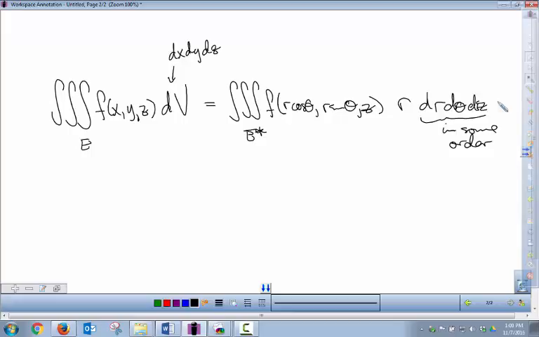There's going to be some cases where something is going to be a function of something else, in which case we'll have to be careful about the order of integration. But like I said, if this is in the shape of a cylinder to begin with in E, then when we change it to E star, it'll end up being constant limits.